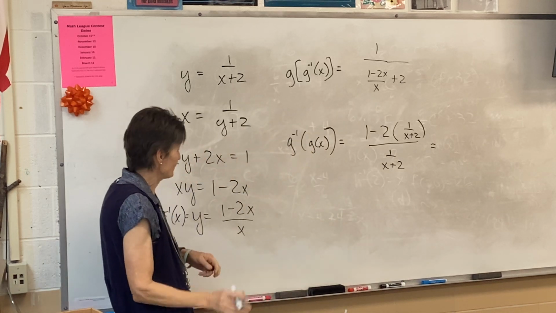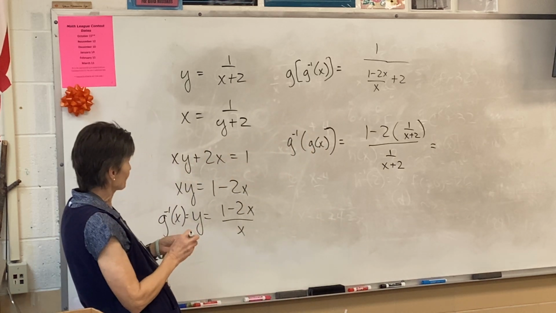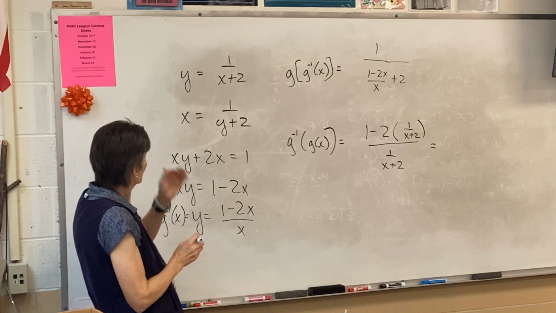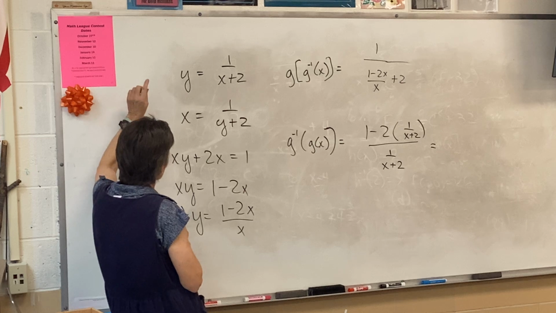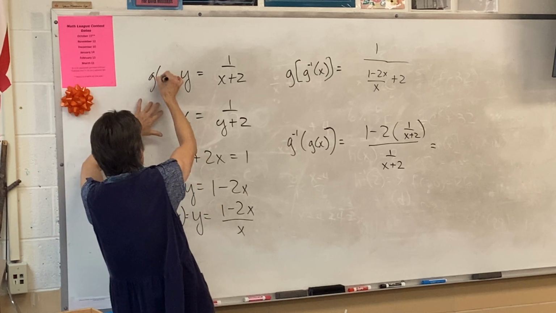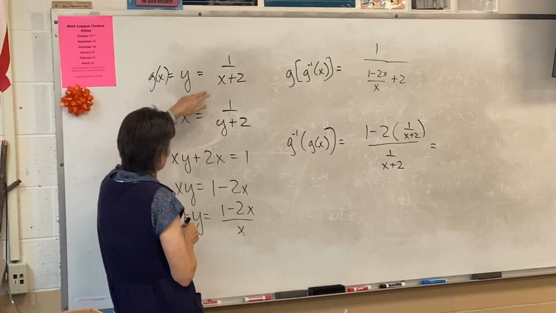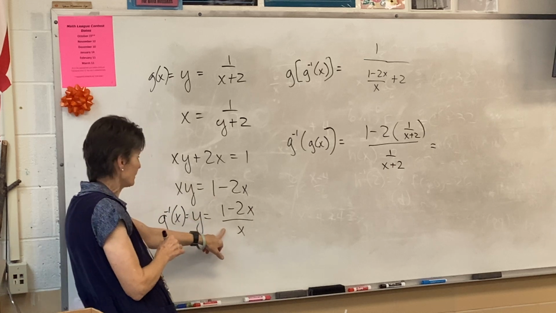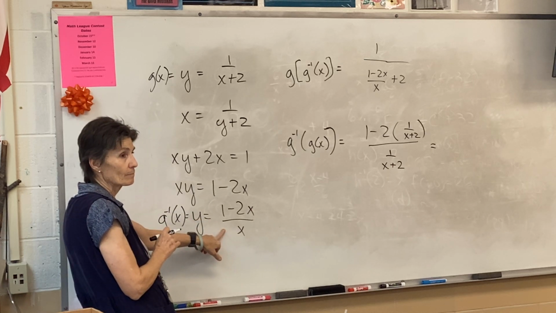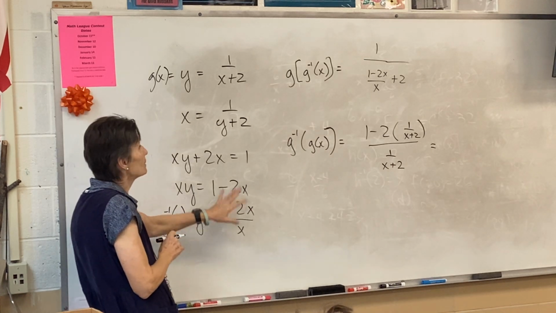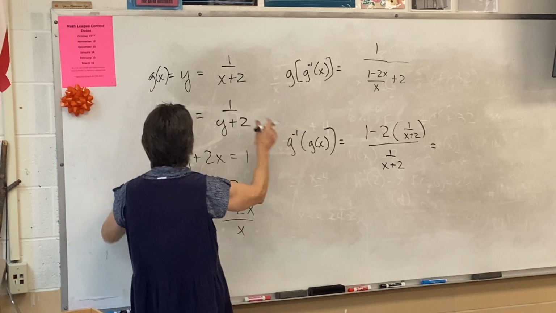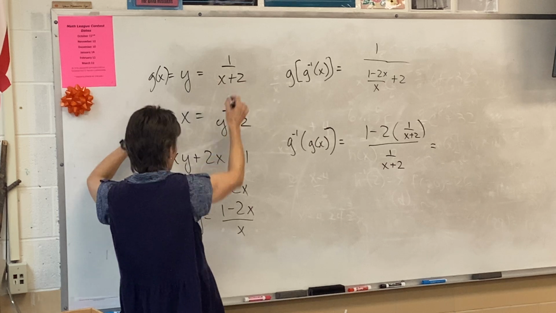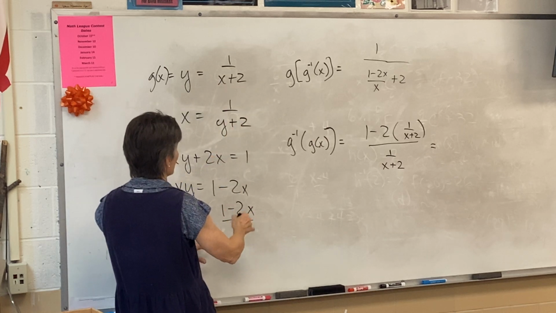All right, so these are going to be a mess to clean up. Before I get too far into all that hideousness, let me make sure I did this part right. Did anybody else get this for the inverse? Okay. Now what we're going to do is build the compositions using this original function and this inverse that we got.